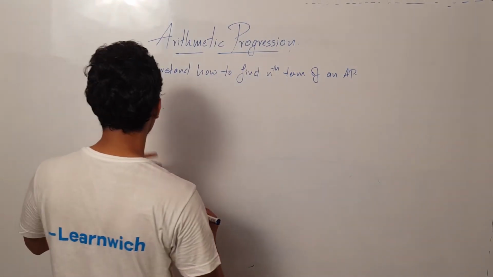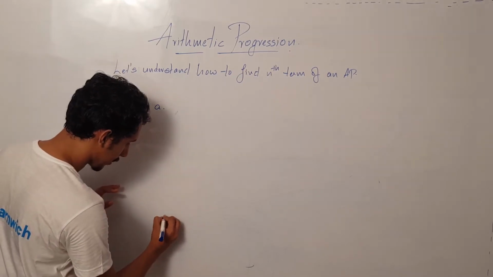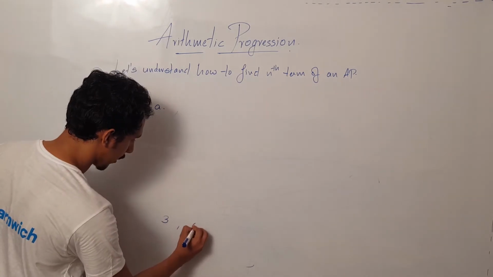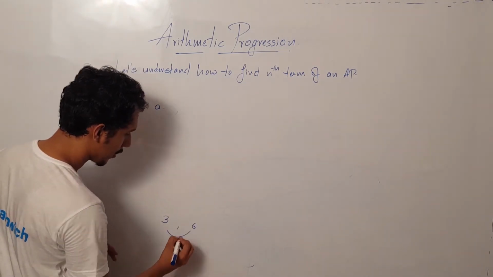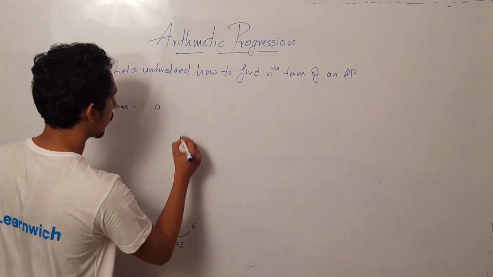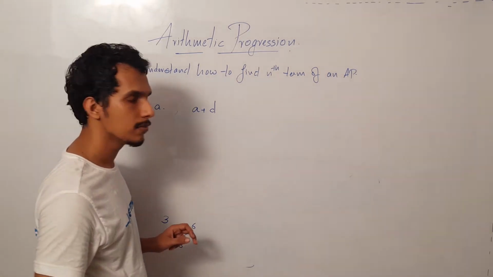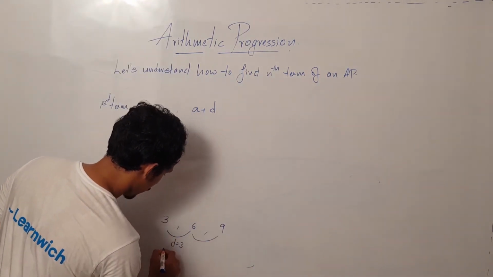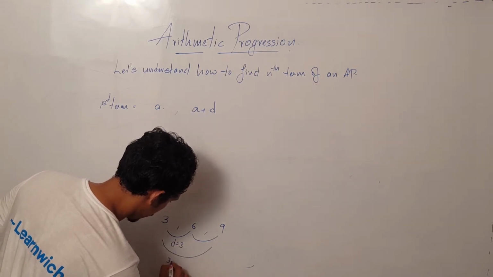So here the first term is A. Let's say the first term is 3. Can I say the second term, which is 6 here? So what is D here? D is 3. So can I say the second term would be A plus D? I can say that, no? The next term is 9, which is 3 plus 3 plus 3.